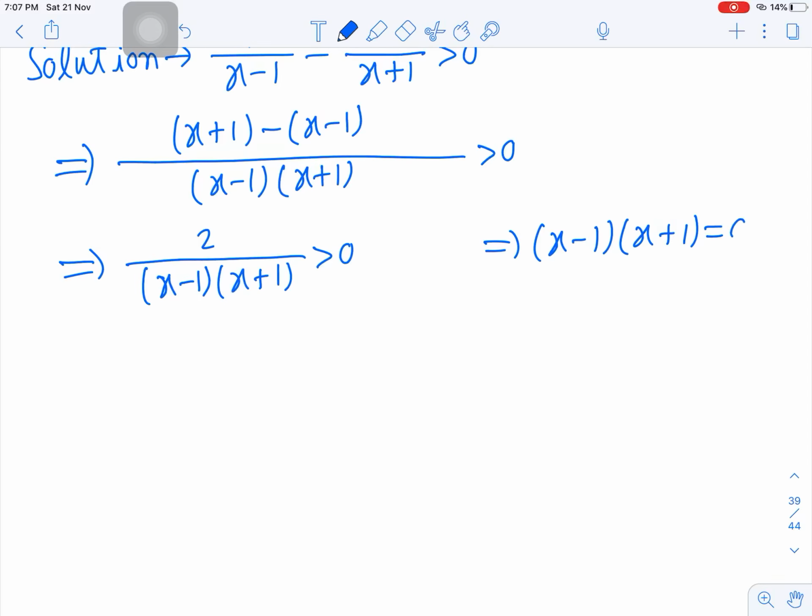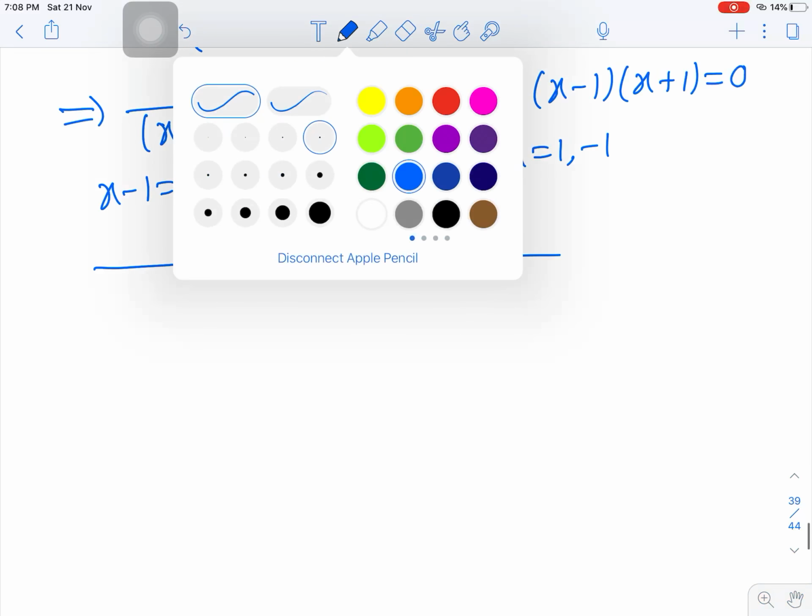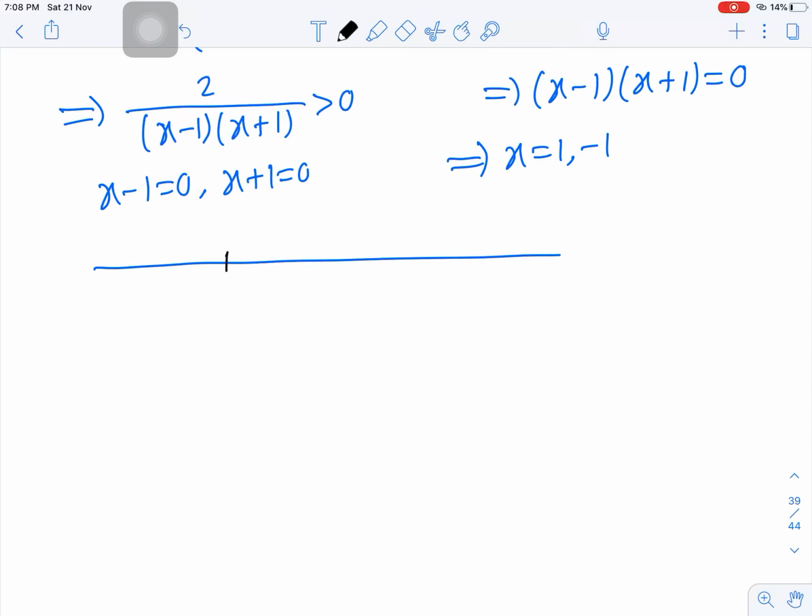Okay, now we need to find the critical points. So to find the critical points, we can equate this factor to 0. So when we equate this factor to 0, we'll get x equal to either 1 or minus 1. So then on the number line we can plot minus 1 and 1.